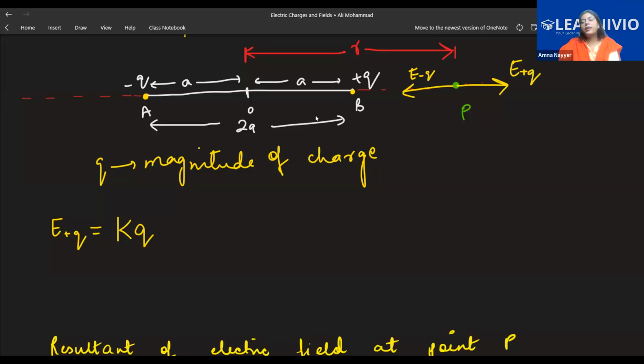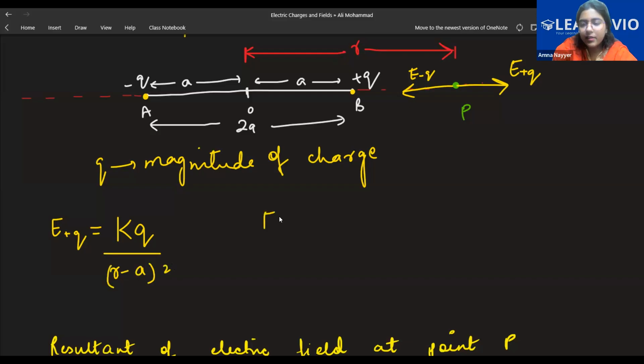See, plus Q means this separation, no? This is not 2A. See, this total is R. This part is A. So this will be R minus A, exactly. So it will be KQ by R minus A whole square.